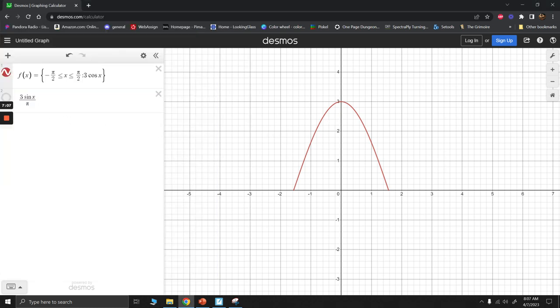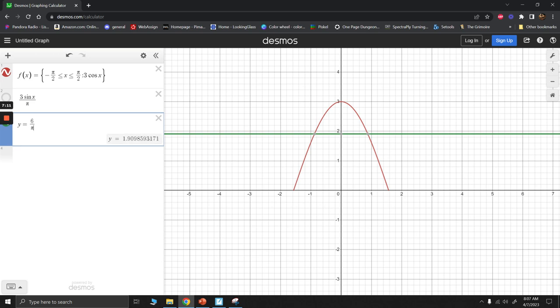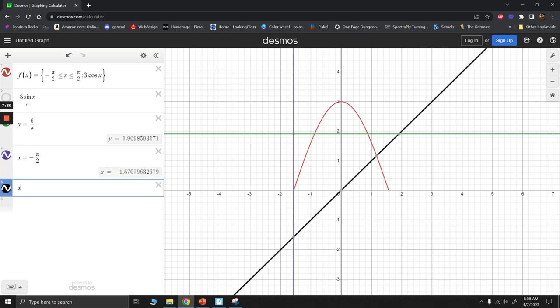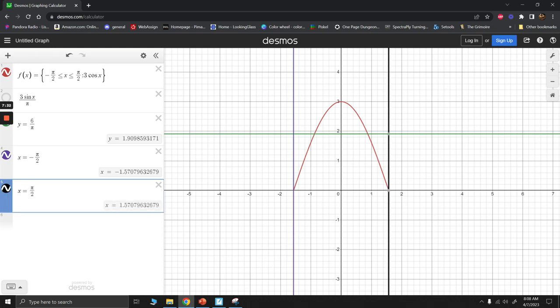Basically, we're creating a rectangle that has this height here, and it will have this width. So if you think about this, x equals negative pi over 2, and x equals pi over 2.